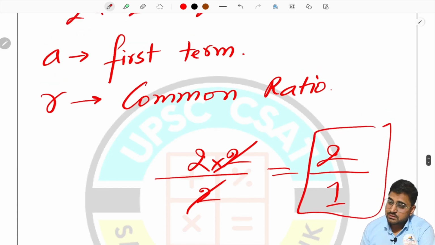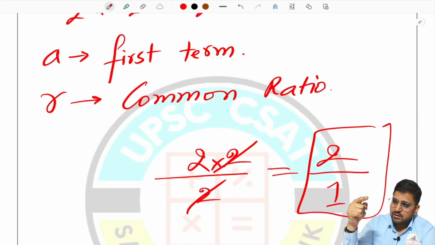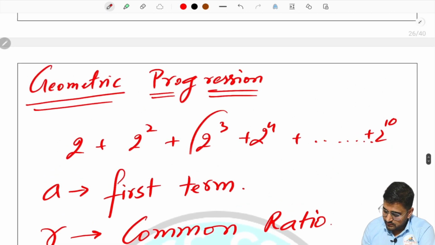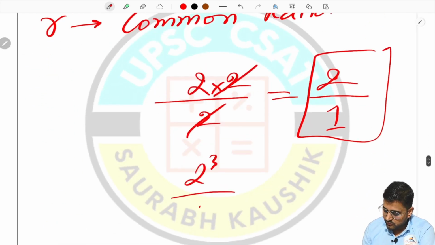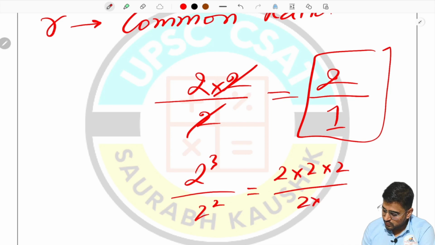So in the following numbers, this ratio should be maintained. In this scenario, let us see 2 to the power 3 divided by 2 to the power 2, which is 2 into 2 into 2 over 2 into 2. Again, this ratio.